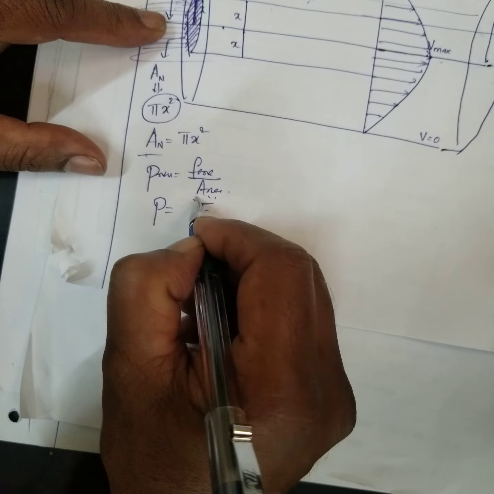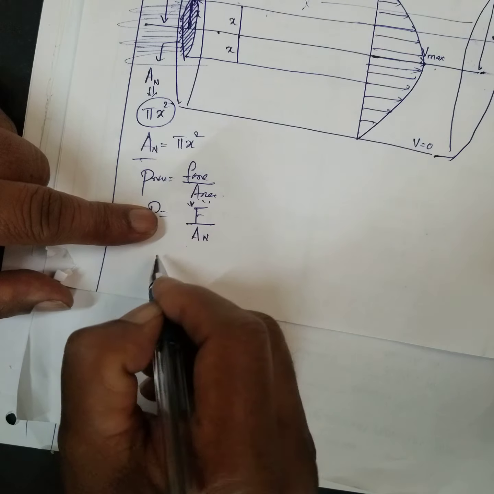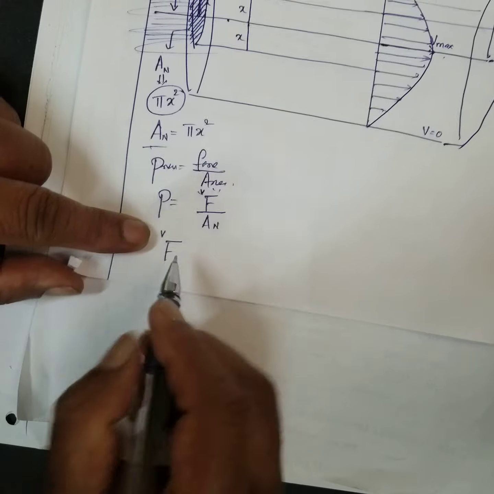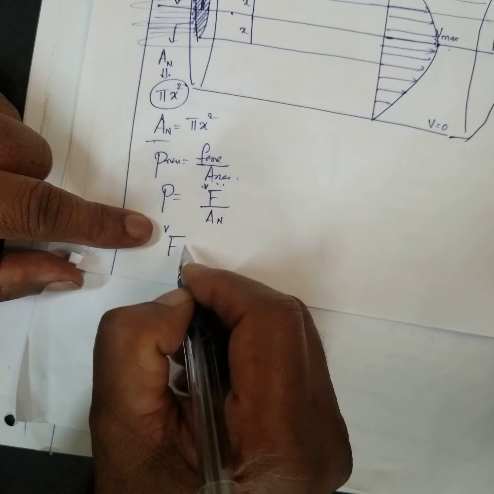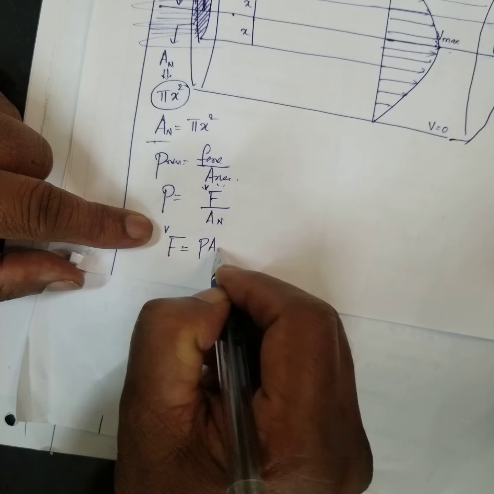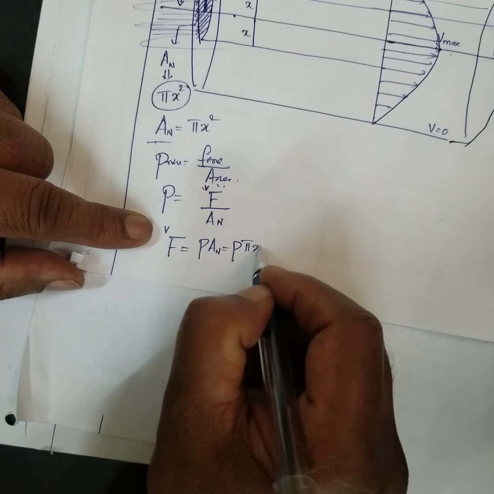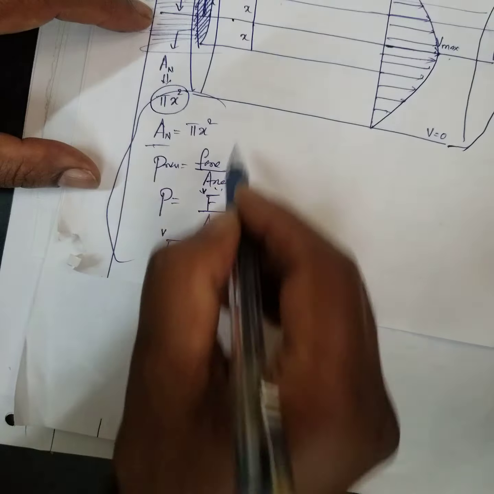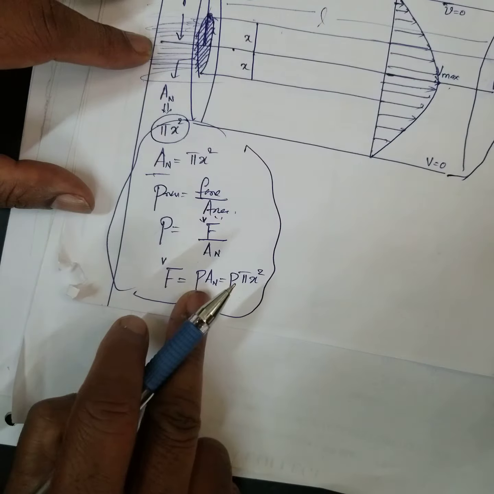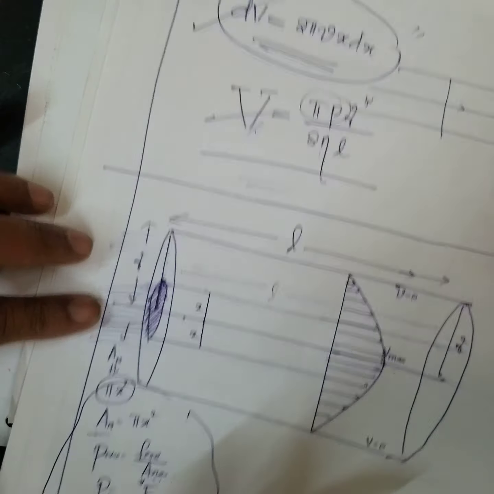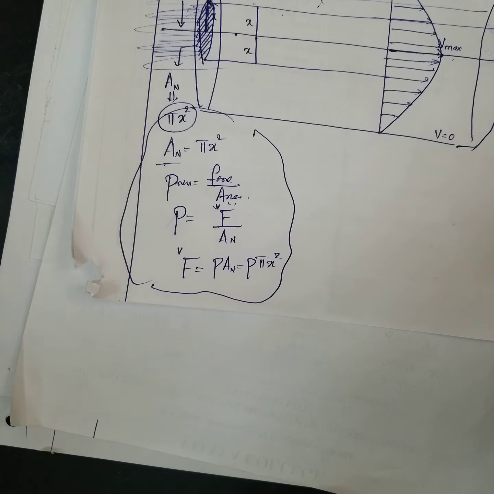This force I will call viscous force or dragging force. Force is equal to pressure into normal area, which is pi x square. This I am going to use in the appropriate place.